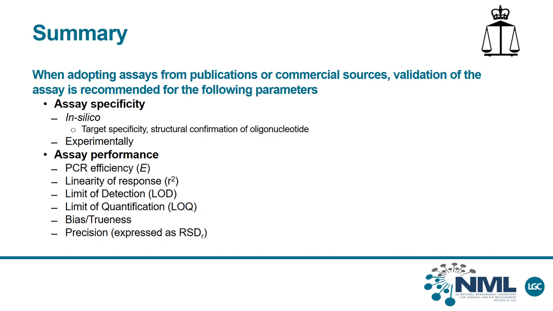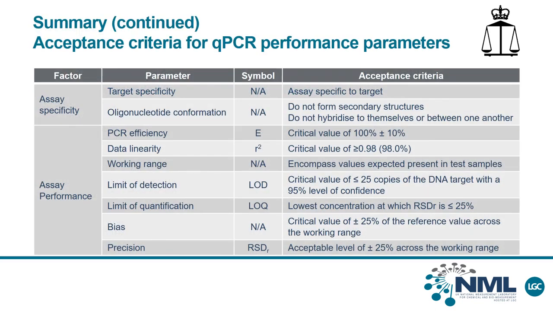The values obtained may then be compared against published critical values for acceptance, such as those provided by the European Network of GMO Laboratories, in order to determine if an assay is fit for purpose. The acceptance criteria for the key assay performance parameters described in this e-seminar are summarized on the slide.